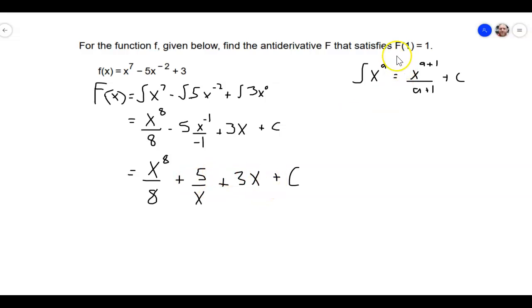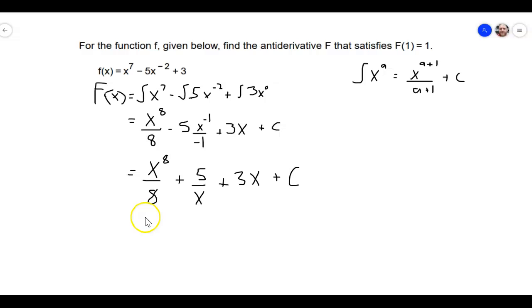Now it says the antiderivative satisfies this. That means if we replace our x with 1, then our function value should equal 1. So let's go ahead and do that. I'm going to replace my x with 1.